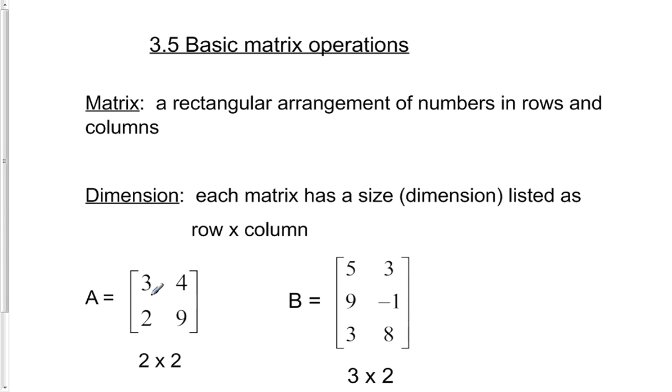When you read matrix numbers, you go from left to right like you read a page and top to bottom. When I read this A matrix, I would say 3, 4, 2, 9. My B matrix would be 5, 3, 9, negative 1, 3, 8.